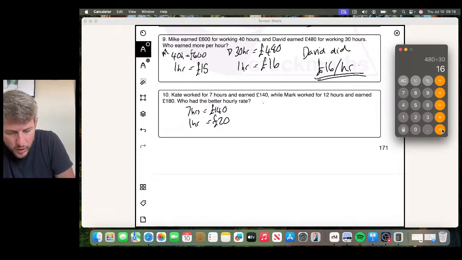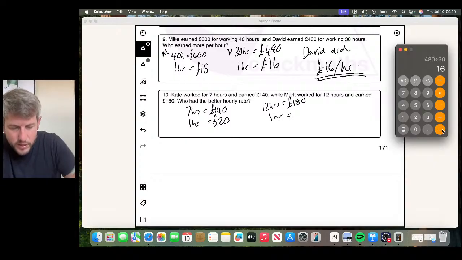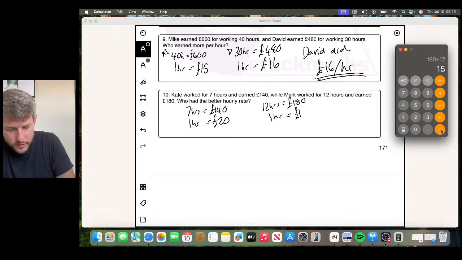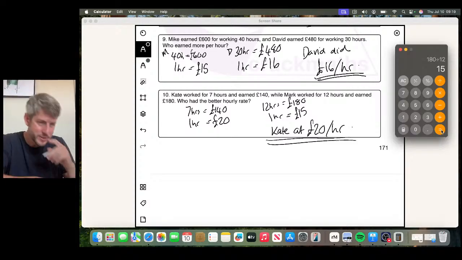Mark, 12 hours equals £180. 1 hour equals 180 divided by 12, and that's £15. So who had the better hourly rate? Kate at £20 per hour. Okay, right, let's get these ones marked.